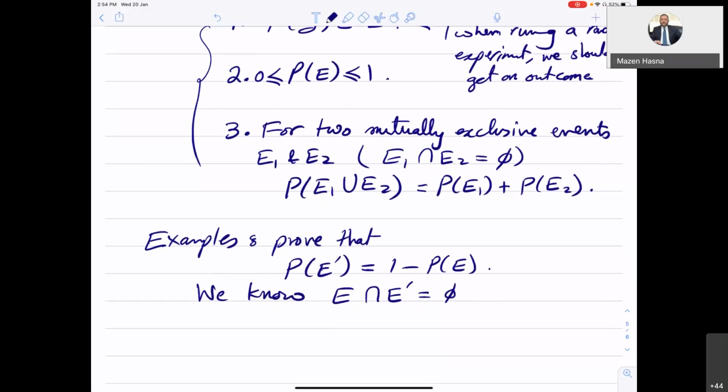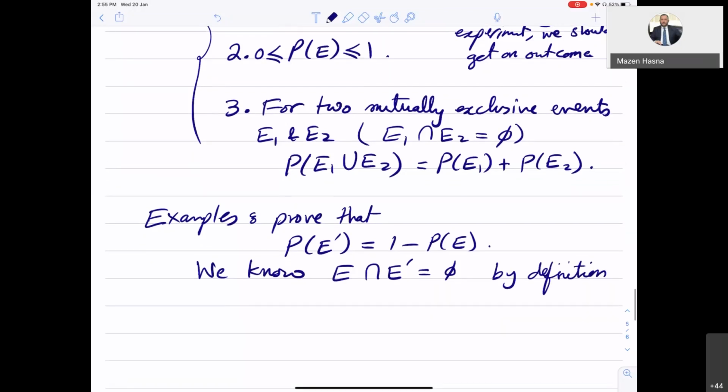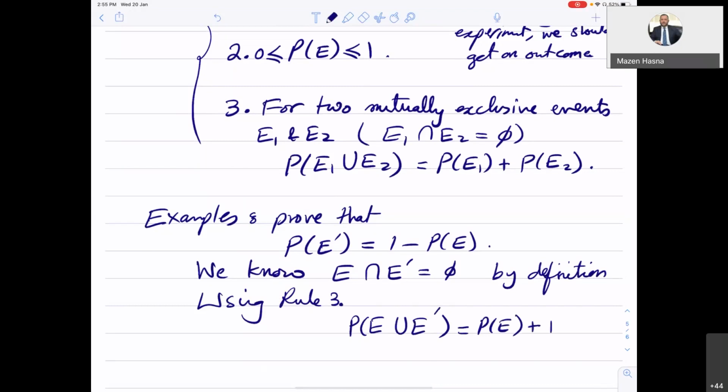So then using rule 3 or axiom 3, probability of E union E bar is probability of E plus probability of E bar.